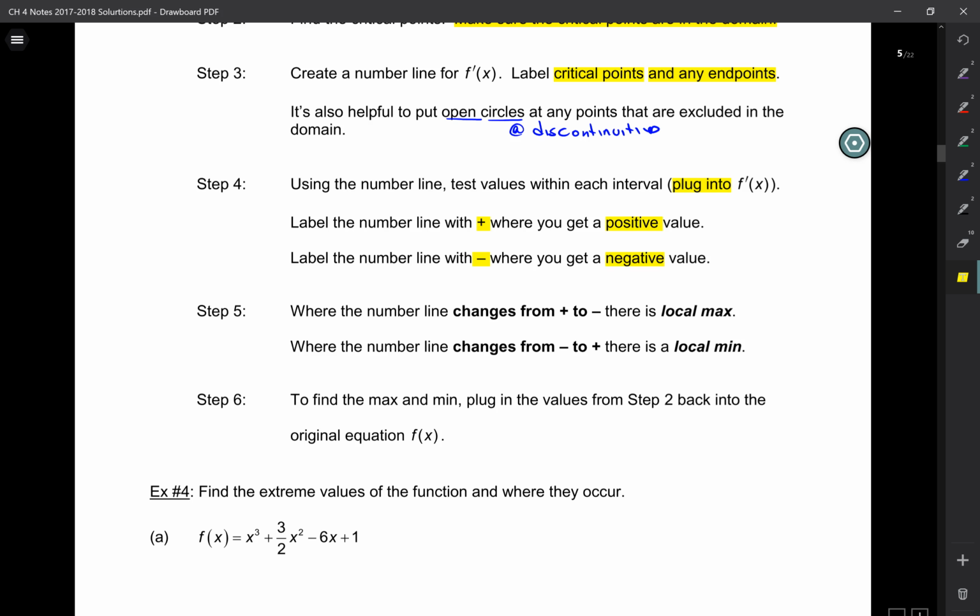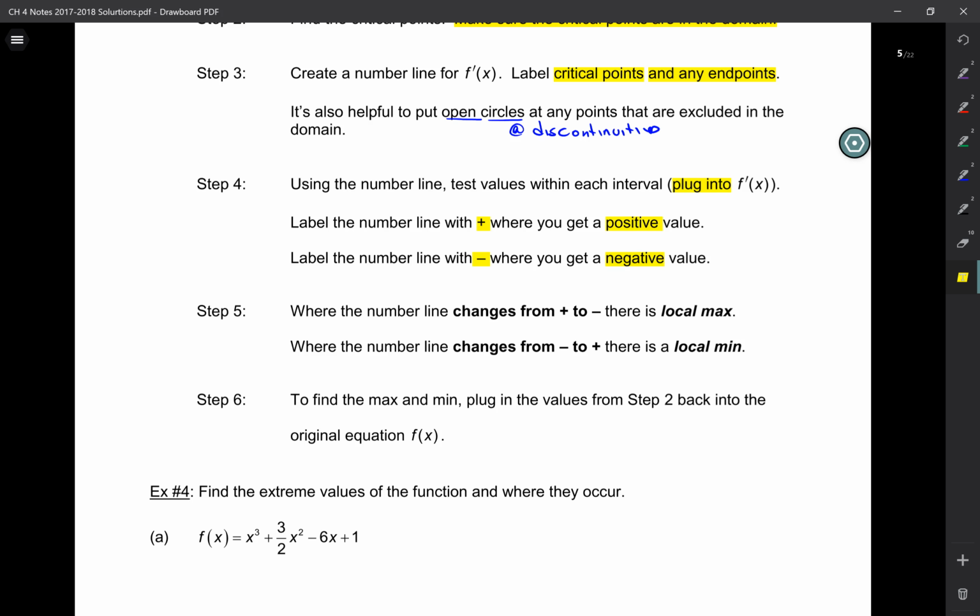So now let's think about this. f prime is the derivative, right? What's another word for derivative? Slope. If f prime, which is derivative or slope, is positive, what does that mean about how the function looks? Is it increasing or decreasing? It's increasing if f prime is positive. It's decreasing if f prime is negative. That's how we're going to do this.